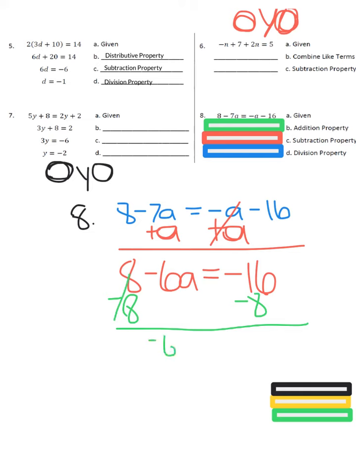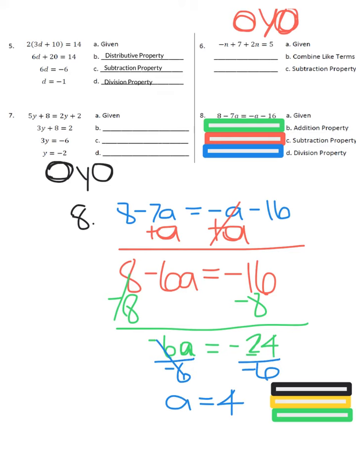You get negative 6a equals negative 24. So now our last step, and the last step that they tell us that we're going to do, is that division property. So we're going to be dividing both sides by the number negative 6. And when we do that, those cancel out, and we get that a is equal to a positive 4.